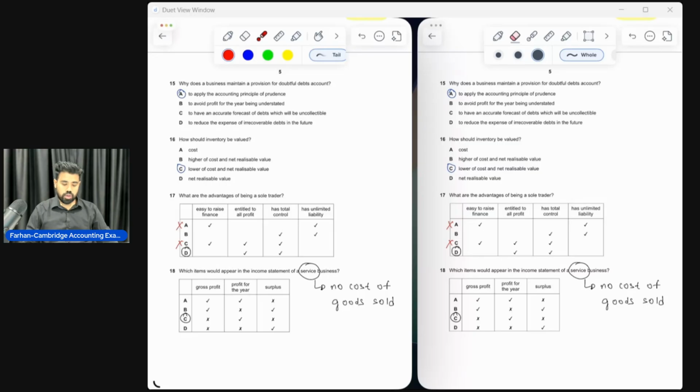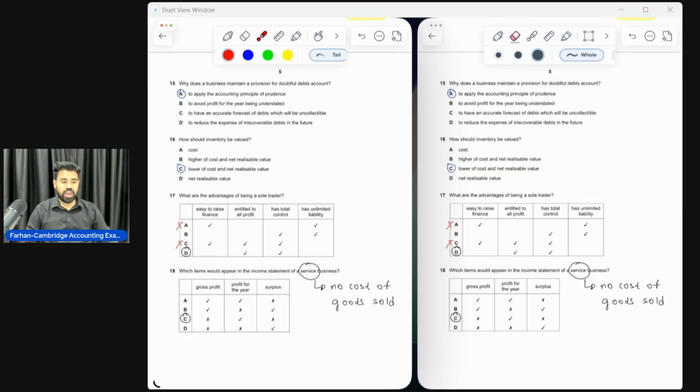So, if we are maintaining a provision for doubtful debts, what do we really mean by that? So a provision for doubtful debts refers to the likely amounts that we may not be able to collect from our credit customers, okay?